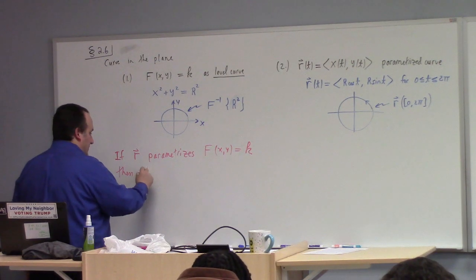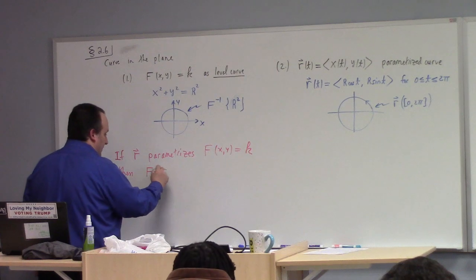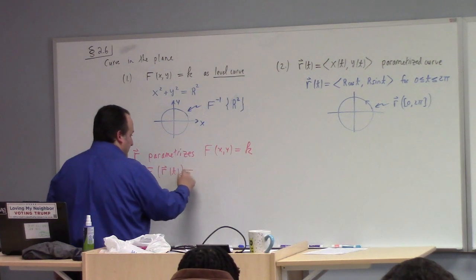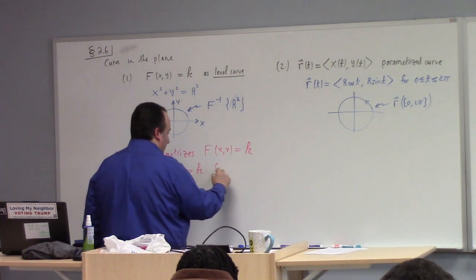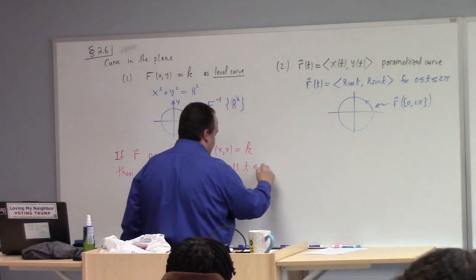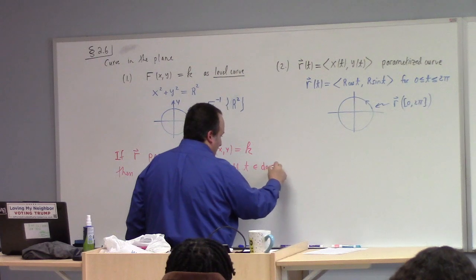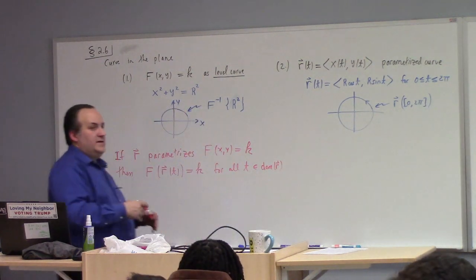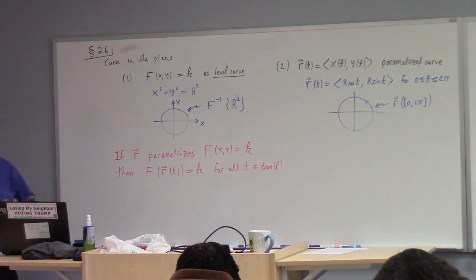We must have f of r of t equal to k for all t in the domain of the parameterization. In other words, if you have a legit parameterization for a level curve, when you plug it in, it has to work, right?